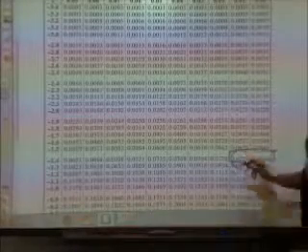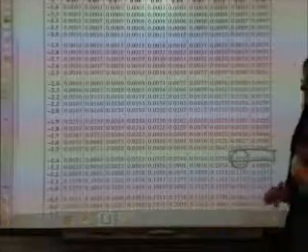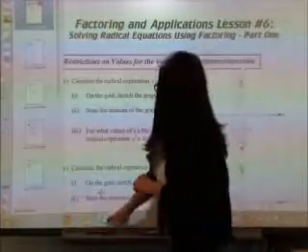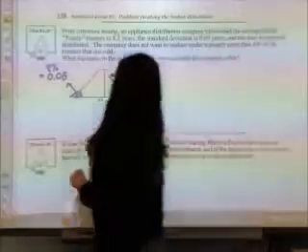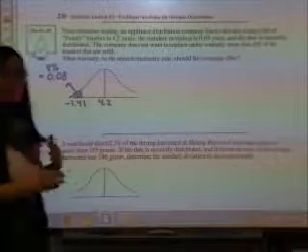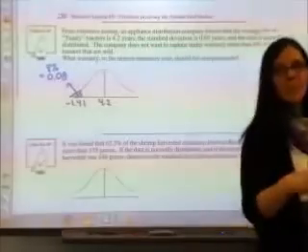The 0.07. This one's the closer one, so my Z-score is negative 1.41. That's my Z-score. So now that I have my Z-score, I can find out my value of X.